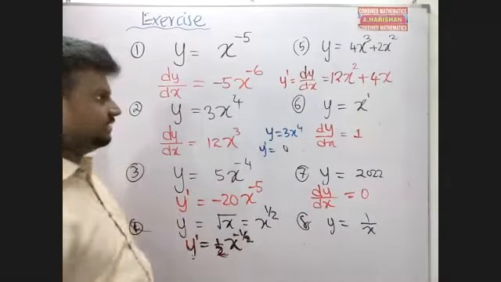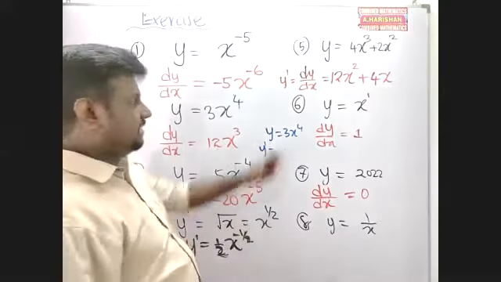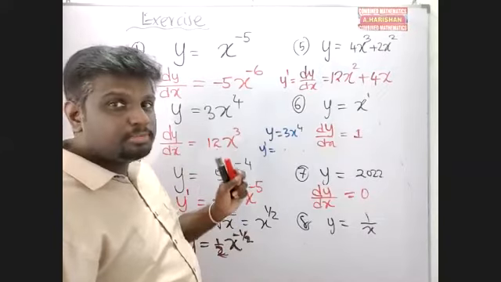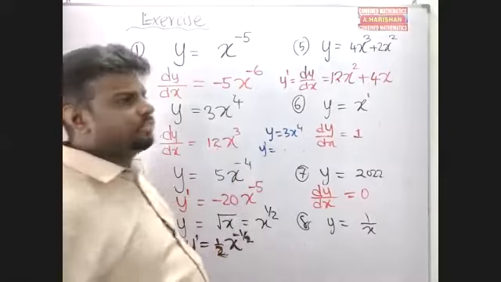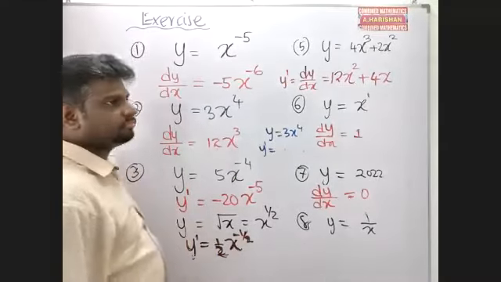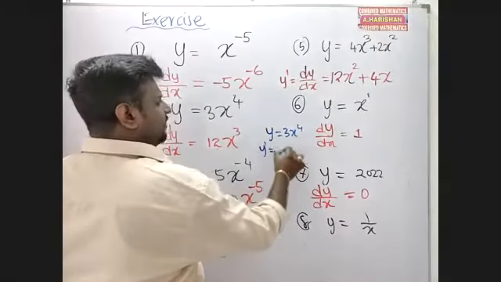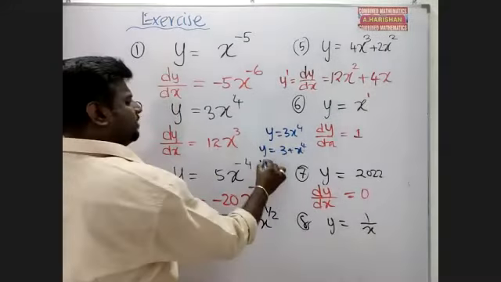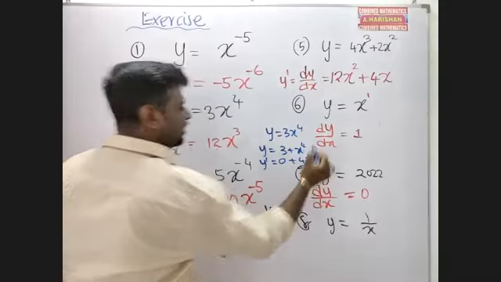Oh my goodness. I say, no, not like that. If you differentiate a constant with respect to anything that's 0, but the constant must be alone. Alone means it must be connected by plus and minus only, not by multiplication. If it's 3 plus x to the power 4, then y prime is definitely 0 plus 4x cubed. Do you understand?